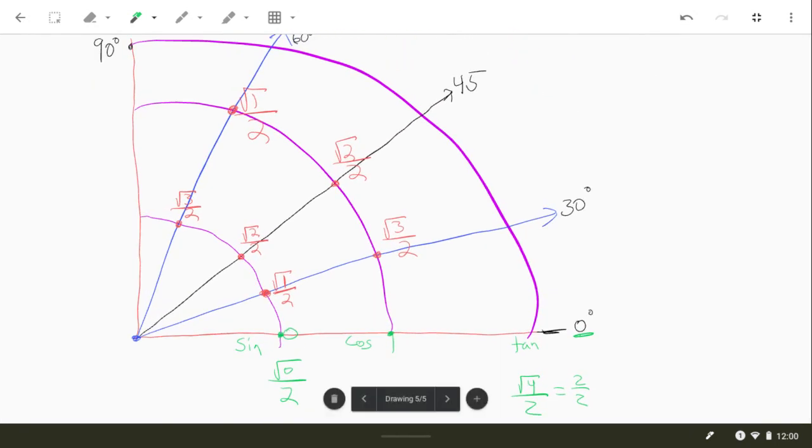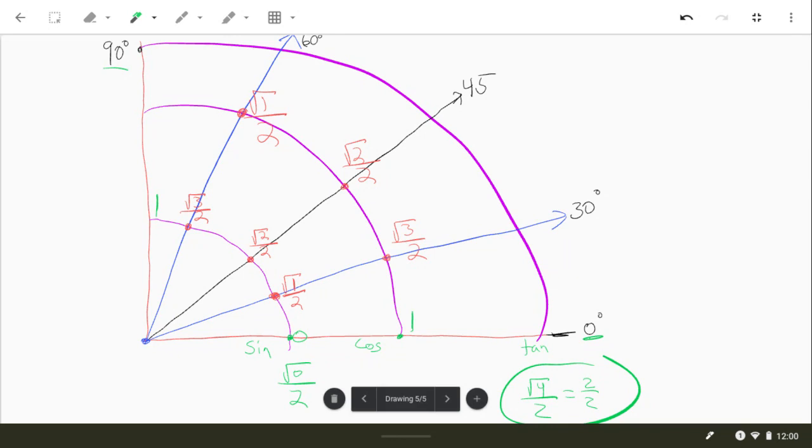If we look at the 90-degree angle, it's the same way but flip-flopped. Sine goes 0, 1, 2, 3, and then the next one is going to be 4, or root 4 over 2. So when you do sine of 90 degrees, you're going to get 1.